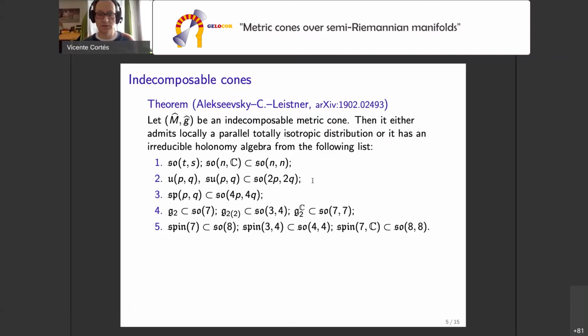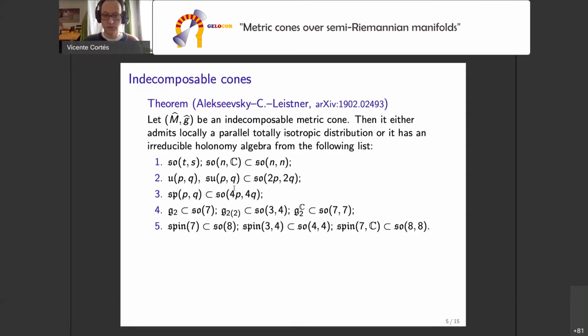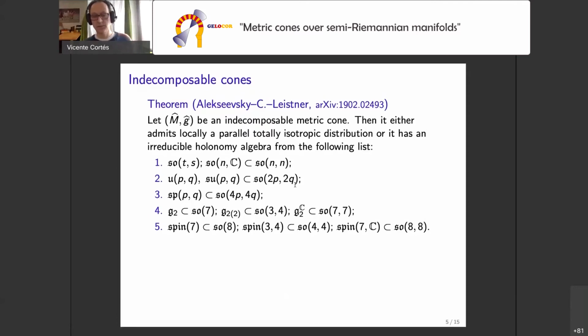So this holonomy U(p,q) exactly means that the metric is of Kähler type. So you have a parallel complex structure, which is skew-symmetric for the semi-Riemannian metric. And SU(p,q) corresponds to the pseudo or semi-Riemannian analog of the Calabi-Yau condition. So Ricci-flat pseudo-Kähler or semi-Kähler. These are subalgebras of SO(2p,2q).